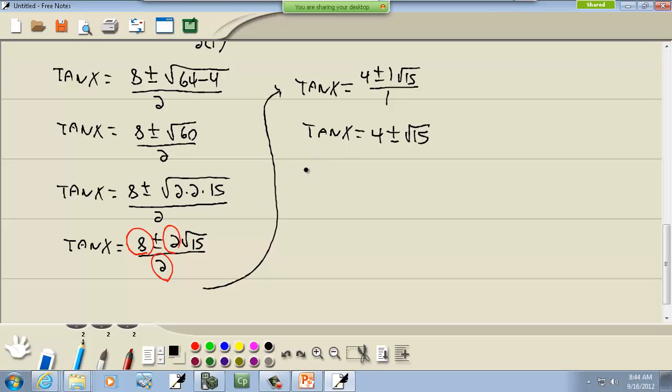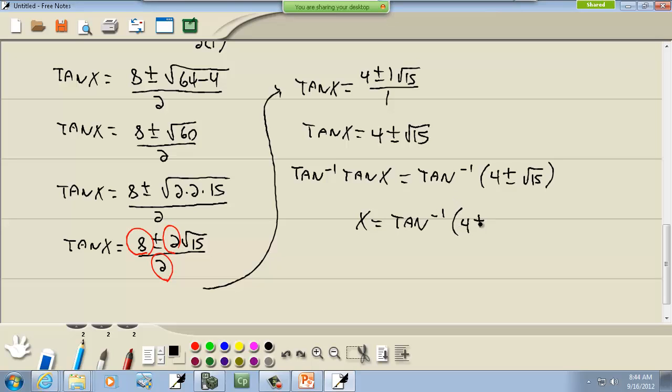Now we're solving for x, so we'll go ahead and take inverse tangent on both sides. And these are going to cancel each other out and give us x. So x is equal to inverse tangent of 4 plus or minus square root of 15.